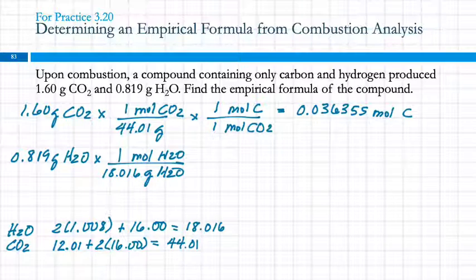And then I don't want moles of water, I want moles of hydrogen. So in 1 mole of water, how many moles of hydrogen? 2. From the formula, H₂O. So 0.819 divided by 18.016 times 2.